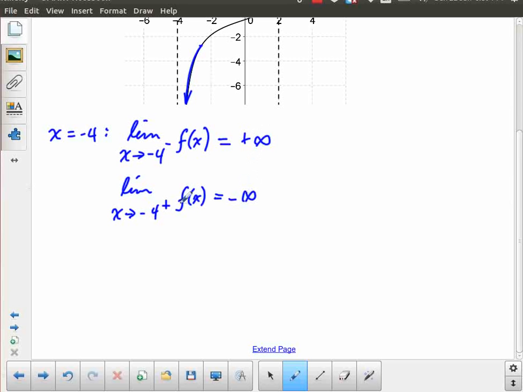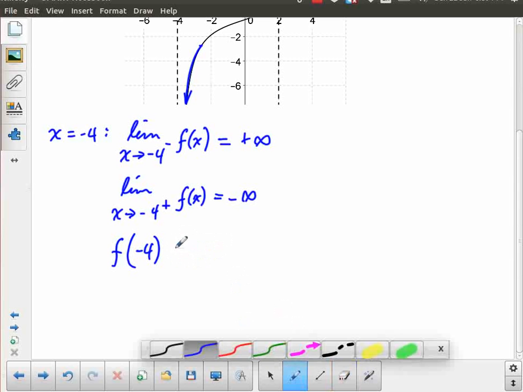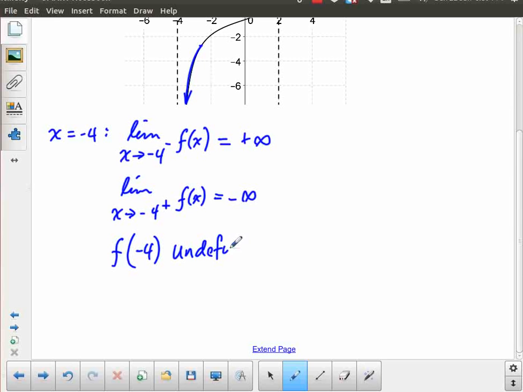So first of all, these two limits do not match, so I know it is not continuous. And I also know that f of -4 itself, am I allowed to stand at -4? I am not. So f of -4 is undefined. In either case, these things are not all equal to each other, and because f of -4 is undefined, it can never be equal to anything.